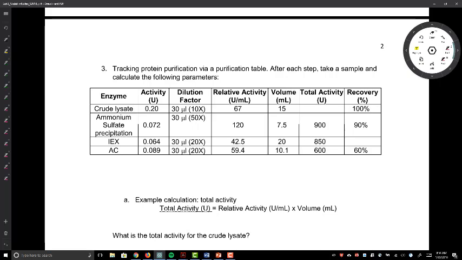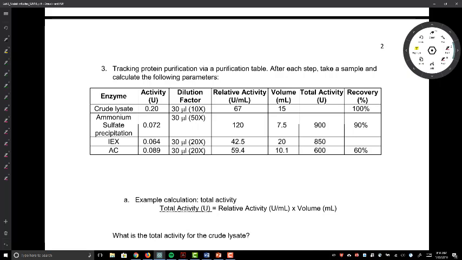And so we have to keep track of how much enzyme and how pure that enzyme is after each step of the purification. And the way that we can track this is through the purification table. You may create a new purification table for every lab entry you have, but you want to keep a master one where you put your final values, and then you'll use that in your final paper.